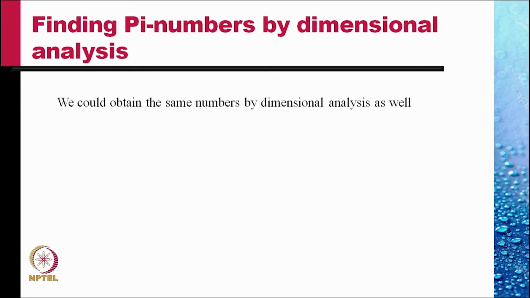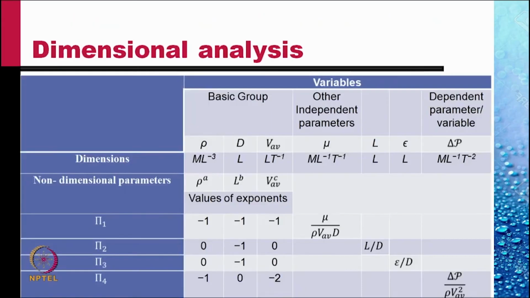We can find the pi numbers by dimensional analysis also. The dimensional analysis was introduced in the last lecture. We start with the list of parameters. The basic group, as we defined there, are rho, D, V average, the independent parameters which contain all the dimensions involved.